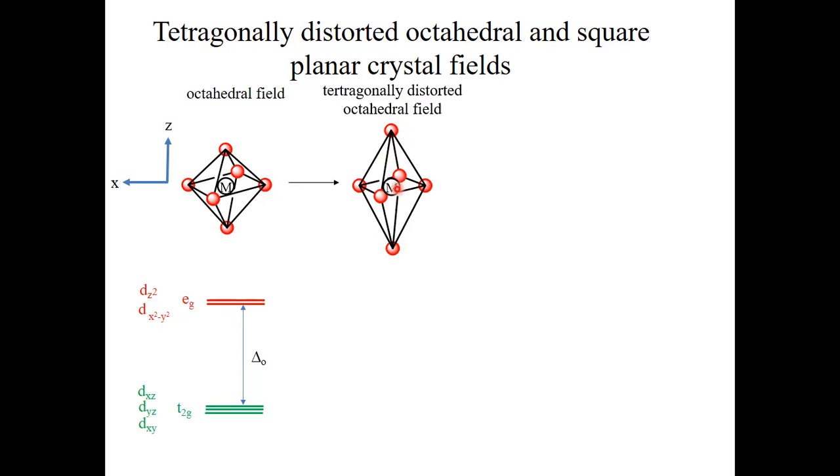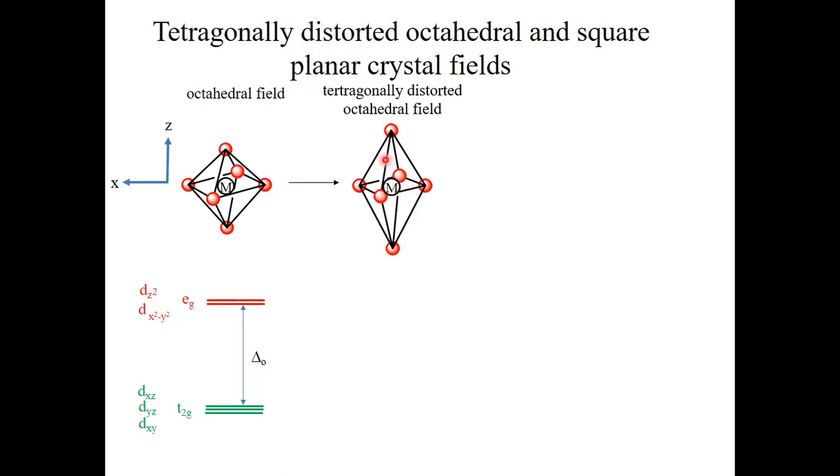Okay, now we have to keep in mind that we have to keep the overall crystal field strength the same as compared to the non-distorted case. Otherwise, we are starting to compare apples and oranges.